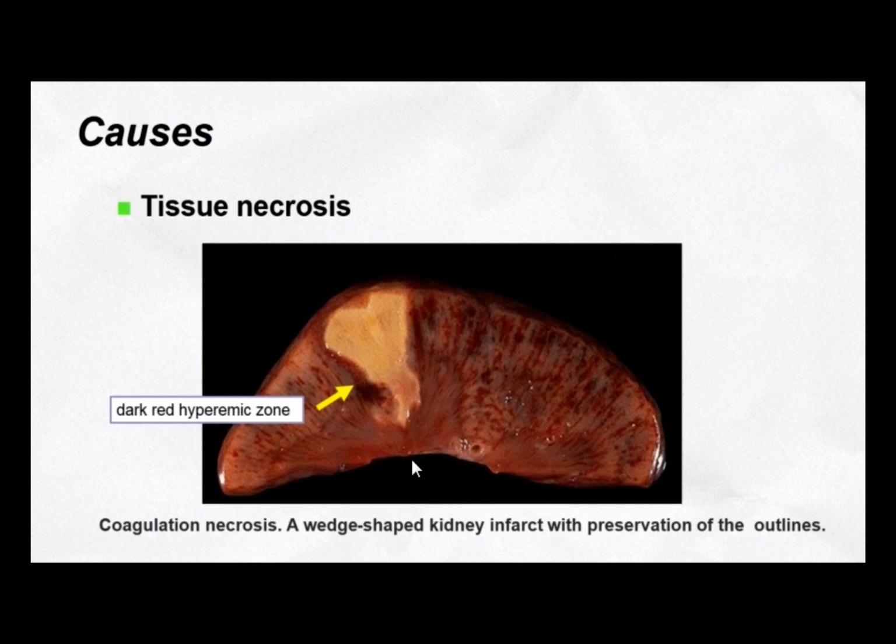Necrotic tissue may cause inflammation. Some molecules released from necrotic cells can cause inflammation. So, look at the picture. There is a dark red hyperemic zone on the edge of the necrotic tissue, which is essentially an inflammatory response.